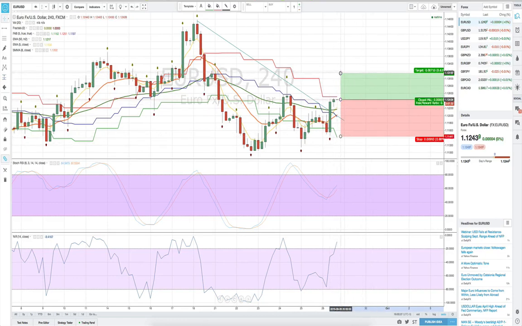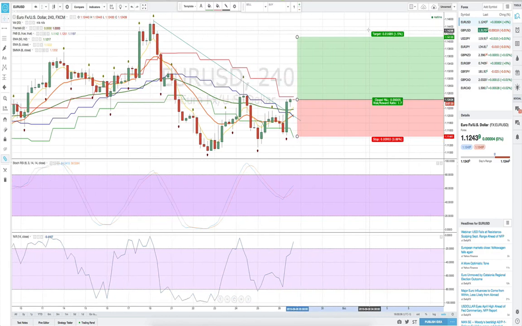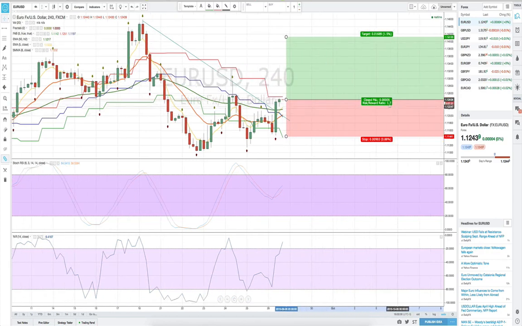And of course, my profit target is going to go back up to the 1.14, 1.2 area, somewhere around in there. Now I'm looking at a 1.7 reward to risk ratio. That's a lot better of a trade. Still not above 2 to 1, but still a lot better, especially since we know we've been bouncing between these levels. For a sideways market, you're not going to get a 3 to 1 or 4 to 1 reward to risk ratio most of the time.